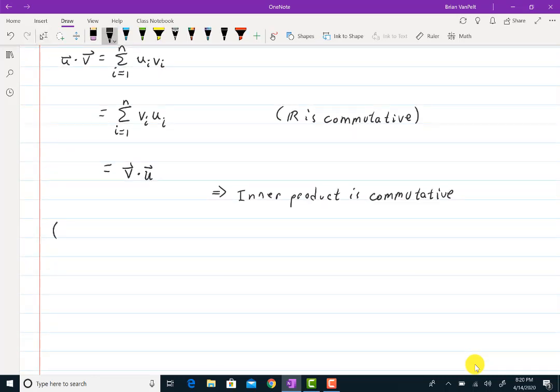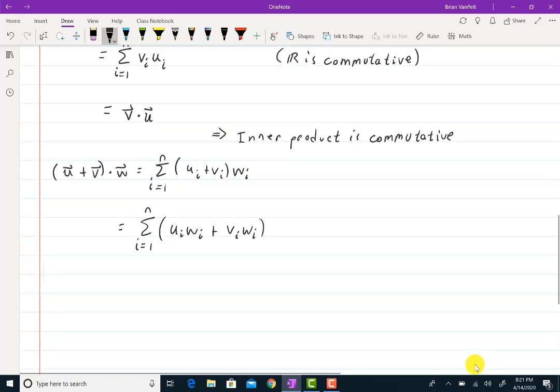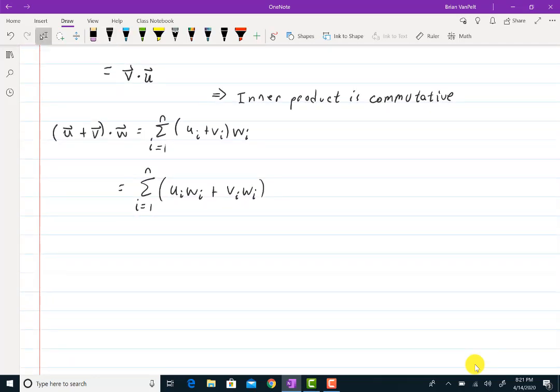And the other things that we might have: U plus V, if I take that and dot it with W, then I think it's easiest to see when you're proving things about it to go to the sum. We'll have Ui plus Vi times Wi, and I can distribute the Wi's in and get Ui Wi plus Vi Wi. That's according to the rules of multiplication in ordinary real numbers.